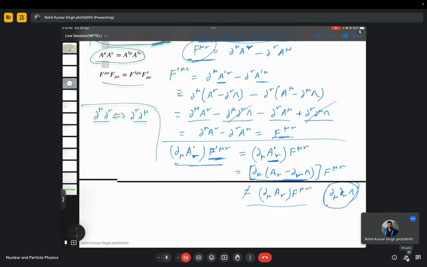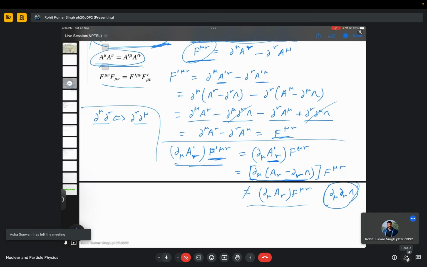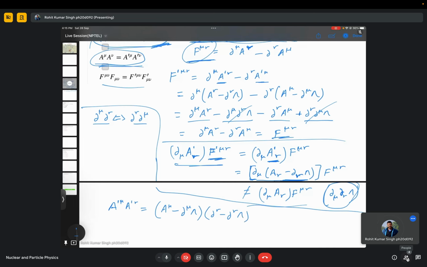Okay, so do you want me to check this one? Let's check it. It's simple. So let's check this option C. This is A mu minus del mu lambda, and then A nu minus del nu lambda. So we'll just multiply both.